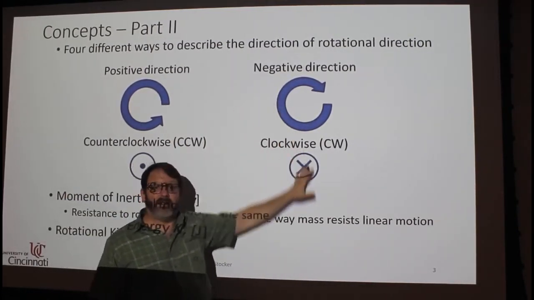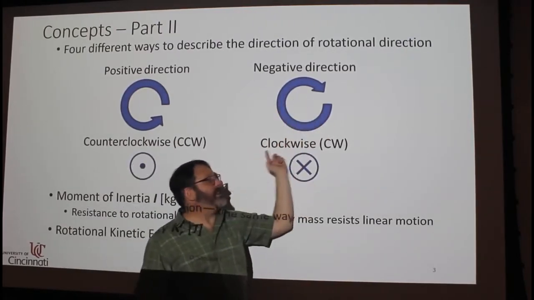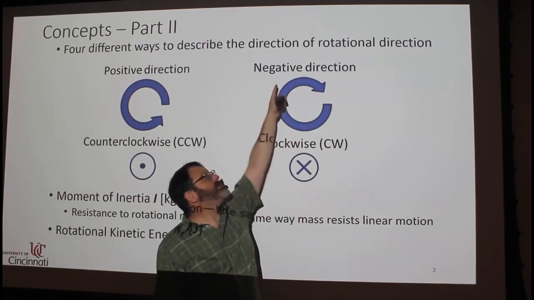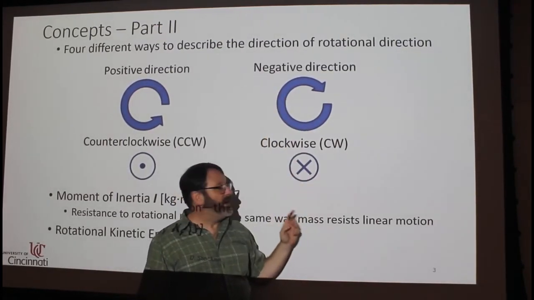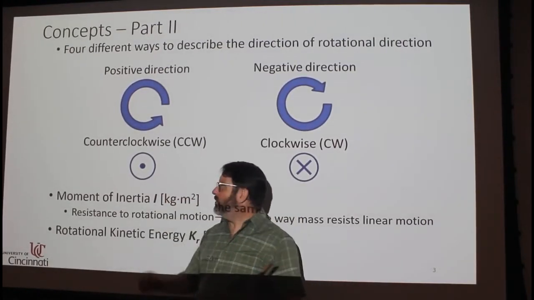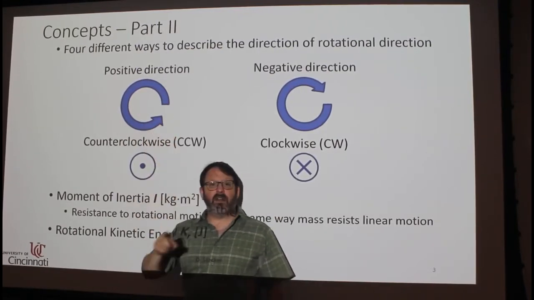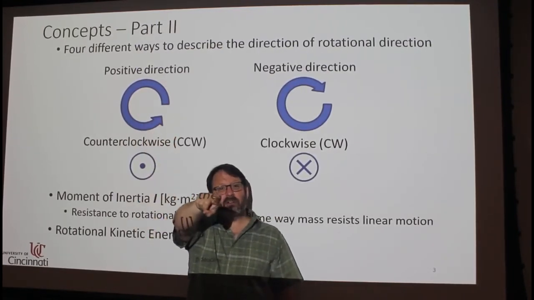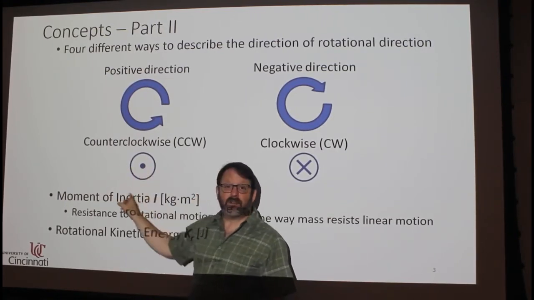So this side is the exact opposite. Something going this direction, that's the clockwise direction. We can also call it negative, or we can draw a circle with an X. What that means is, we can draw arrows pointing left, right, or a curved arrow. If there were an arrow pointing straight at you, you would see the point of that arrow. And that's what this is supposed to be.